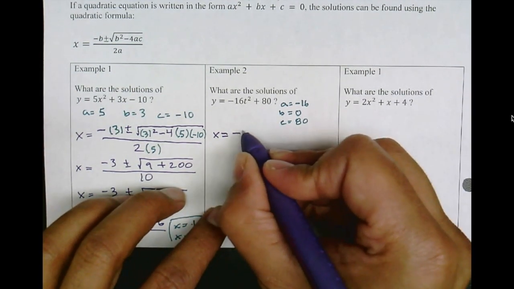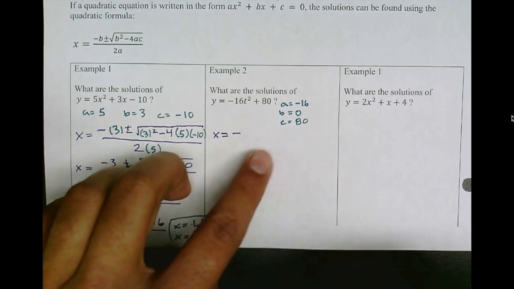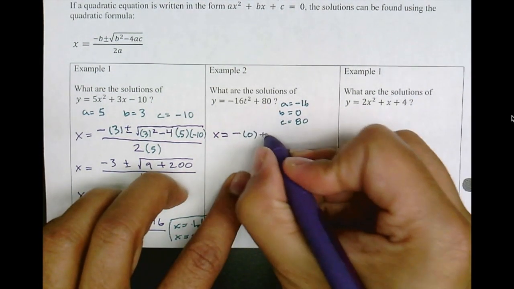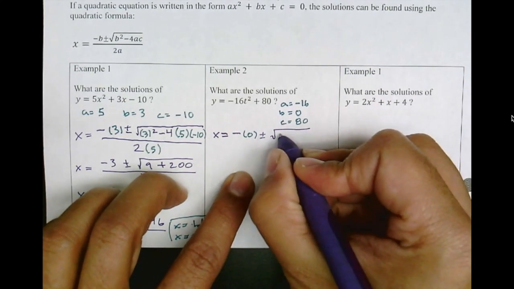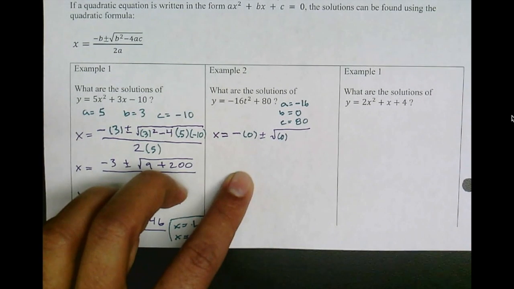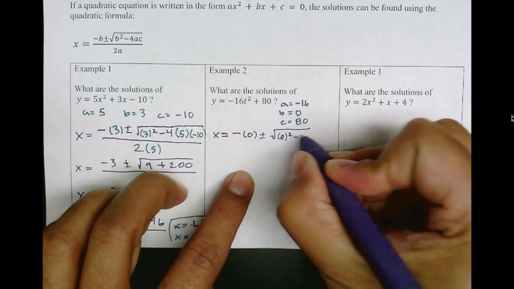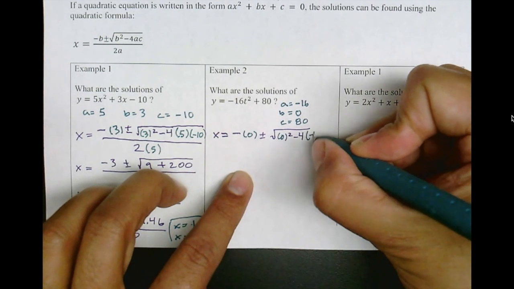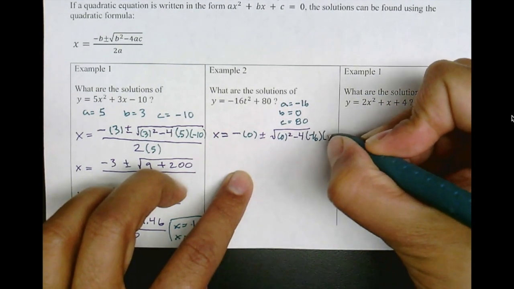Okay, let's go ahead and plug in our values. We have negative b, which is a 0, plus or minus the square root of b squared, which is 0, and that's squared, minus 4 times a c. A is negative 16.